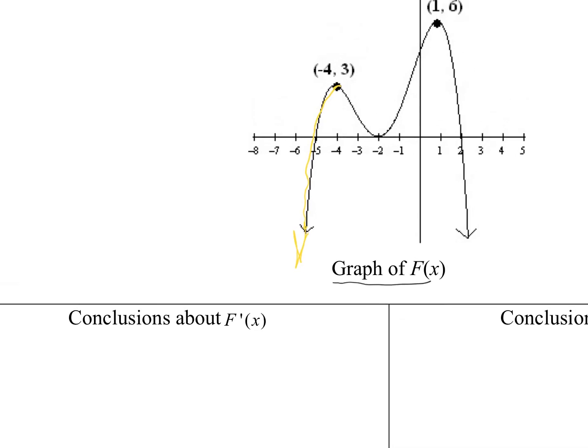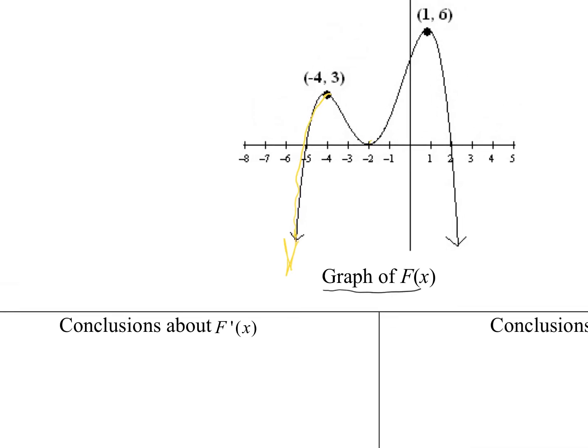I also know it picks back up, increasing. So that would imply the slope is positive. So I'm going to write that f prime of x is greater than 0 from negative infinity to negative 4, and picks back up at negative 2 all the way to 1.